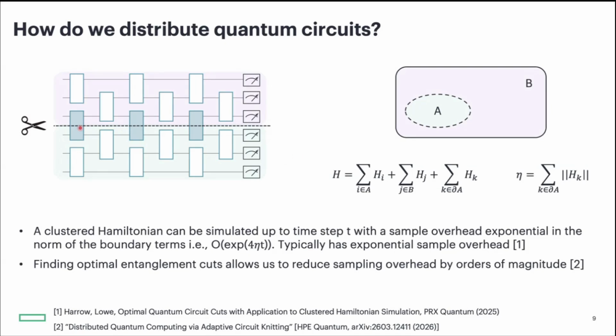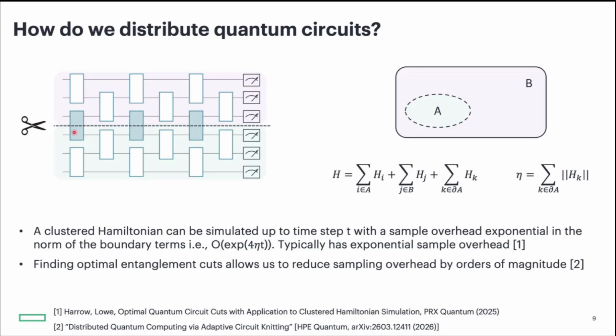Anytime you encounter a 2-qubit gate, you can either use shared entanglement, namely you prepare Bell states between two QPUs and consume them to implement a 2-qubit gate, or you do something which goes by the name of circuit knitting, or adaptive circuit knitting at times, where you just treat the two QPUs as independent processing units, and in post-processing, you patch up your results.